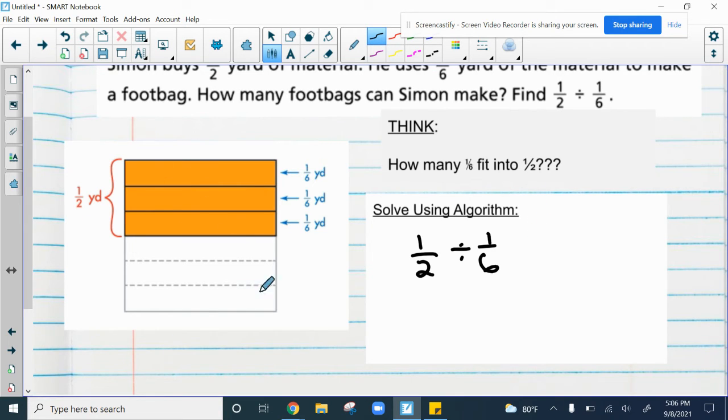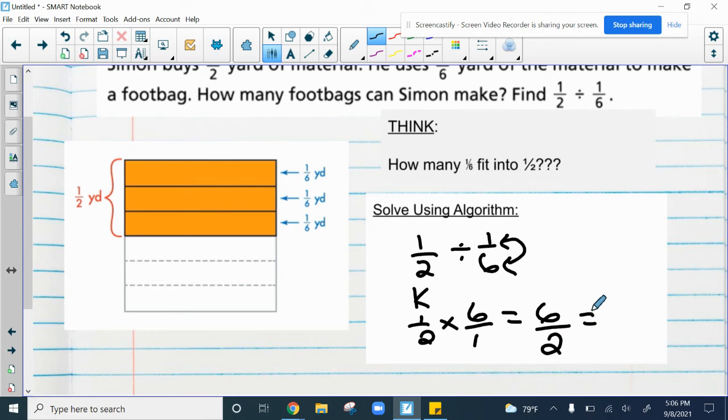We do have a visual model over here. However, not really the most clear. That's why we just like to use our algorithm instead. I'm going to keep my 1/2 the same, change to multiplication, and then flip to 6 over 1. 1 times 6 gives us 6. 2 times 1 gives us 2.